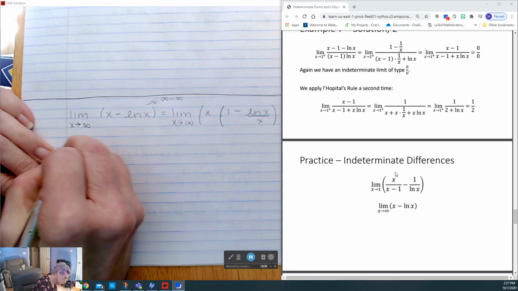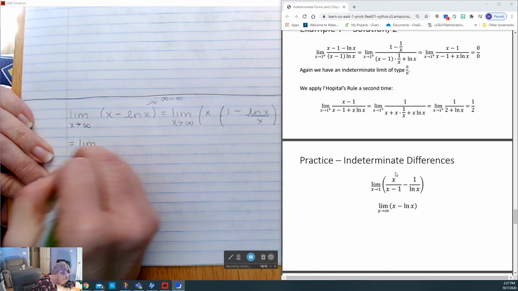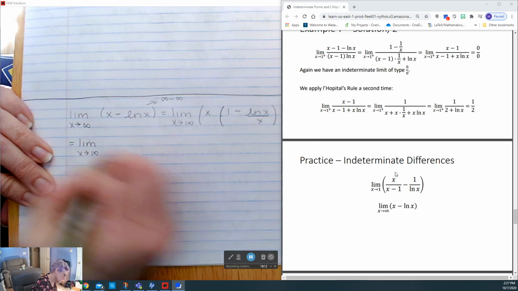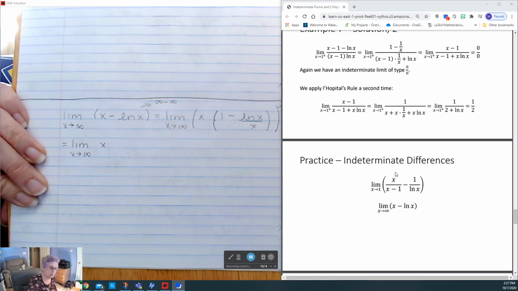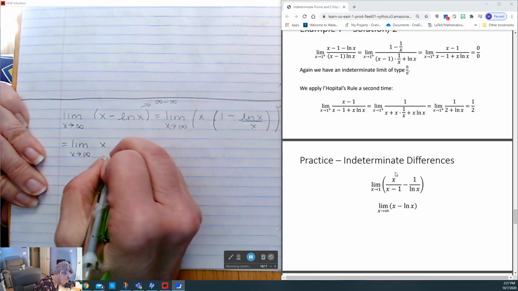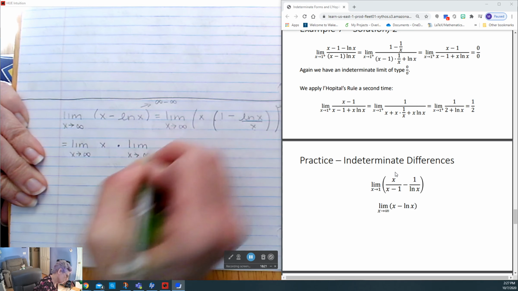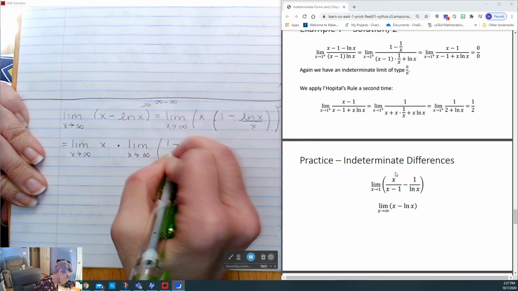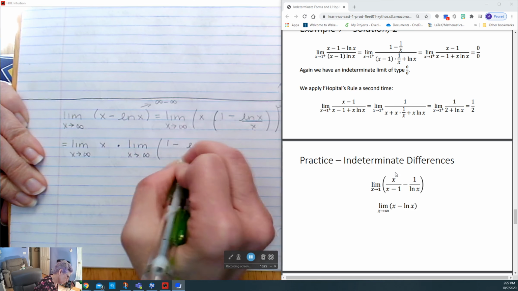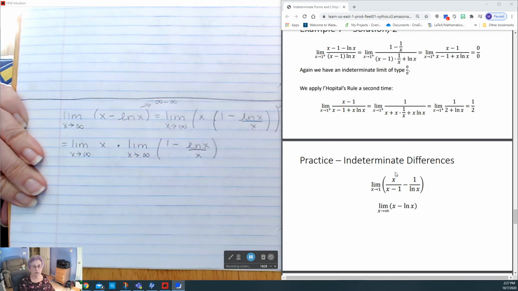But laws of limits say I can write this as the limit as x approaches infinity of x times the limit as x approaches infinity of 1 minus natural log of x over x.